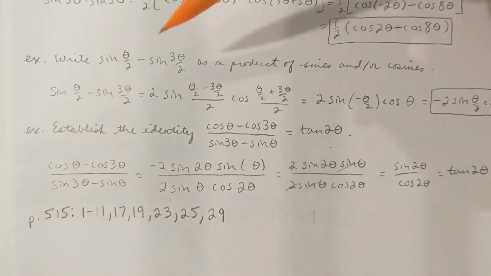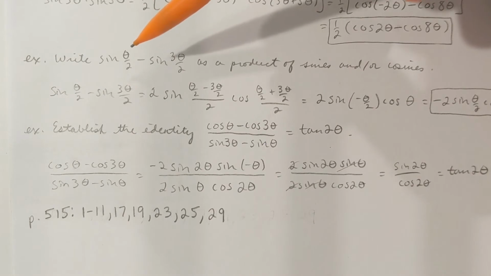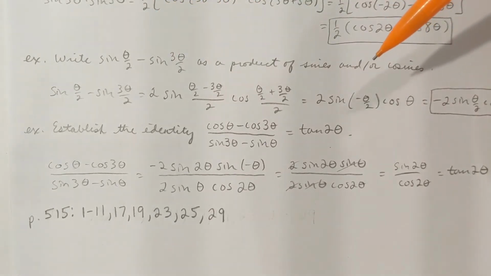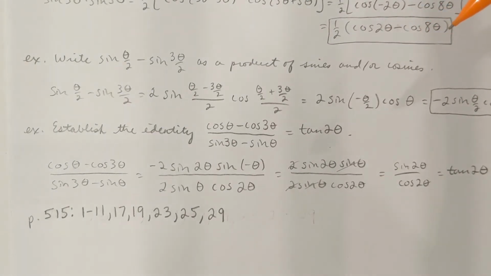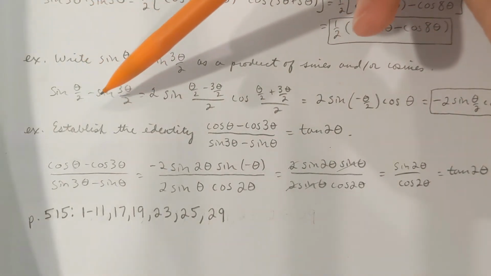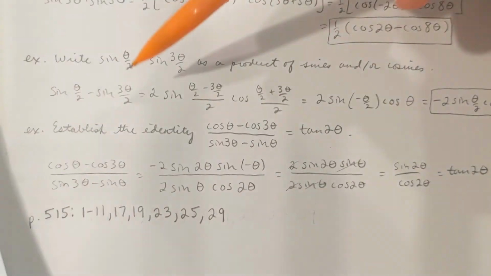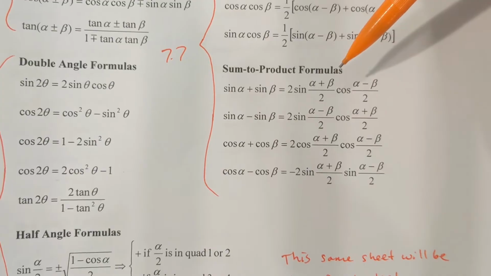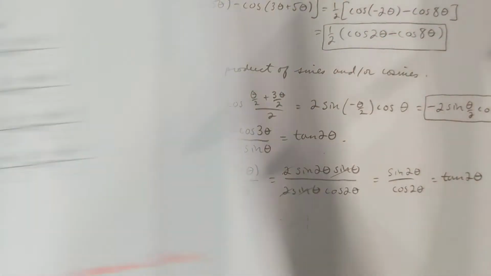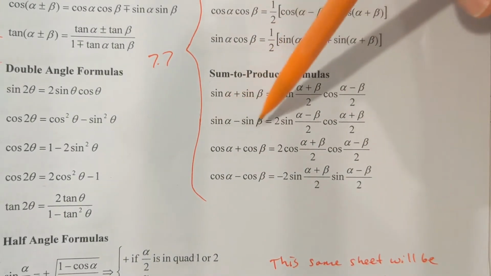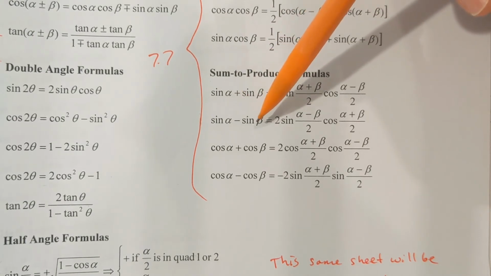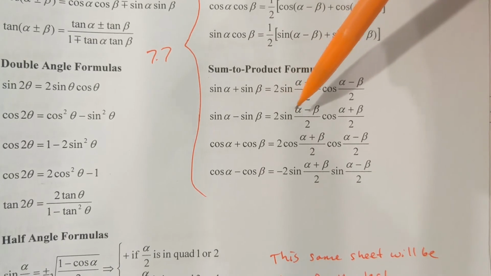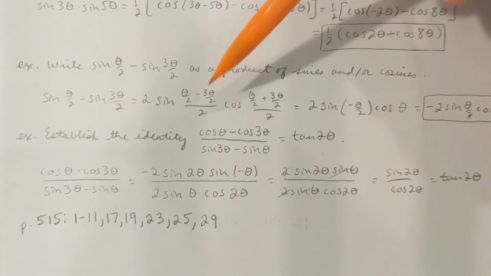Here's another example. Write sine of theta over 2 minus sine of 3 theta over 2 as the product of sines and or cosines. Right now we've got a difference, and we want to write it as a product, so I'll use my sum to product formula. I'm subtracting two sine expressions, so I'll use this formula. Sine alpha minus sine beta is 2 sine of, subtract the angles and divide by 2.